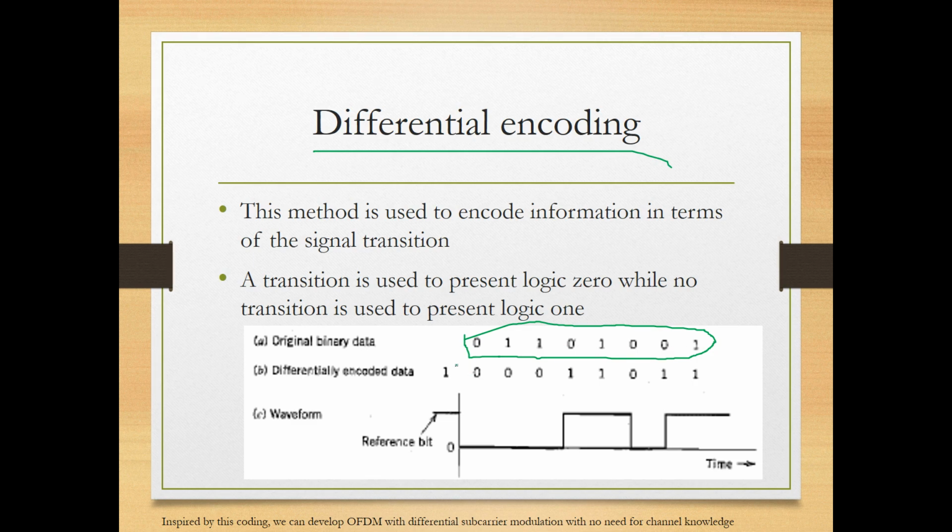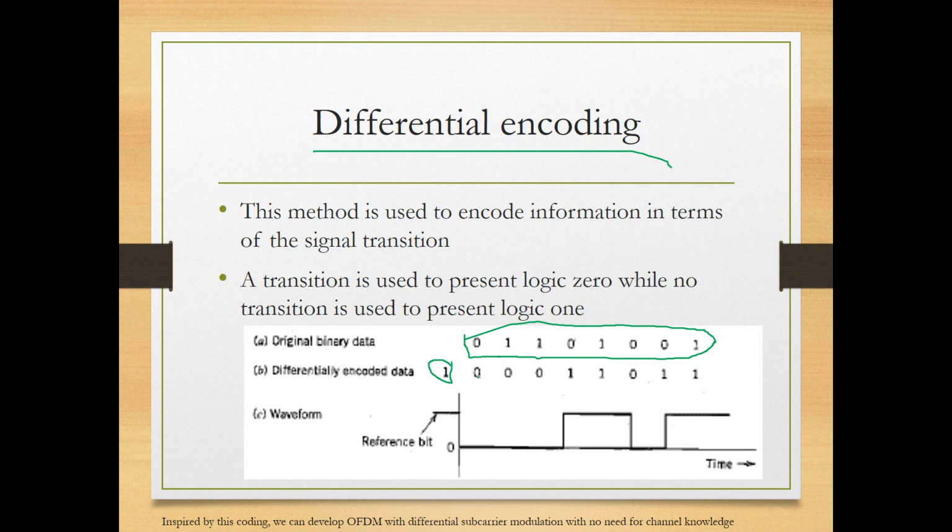In order to do differential modulation, I must use a reference bit, and I will use 1 as a reference bit, or you can use 0. Now, differential modulation, differential encoding works like this.